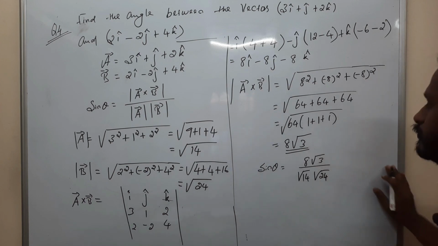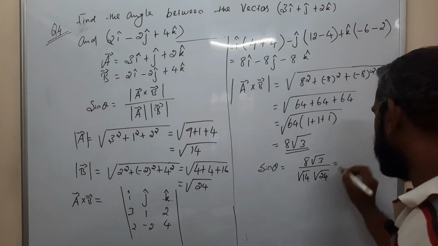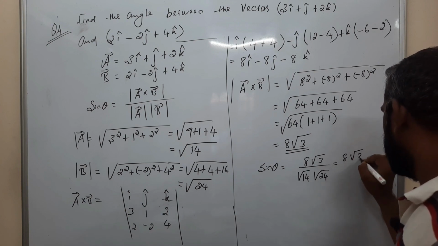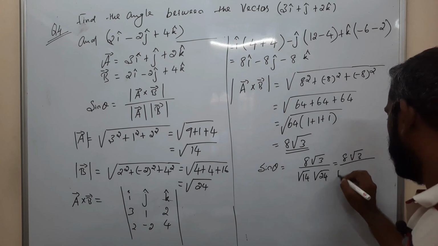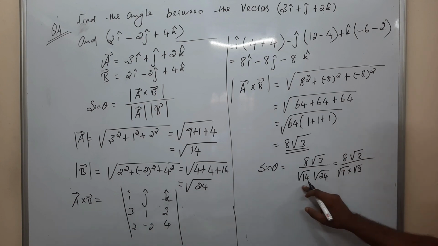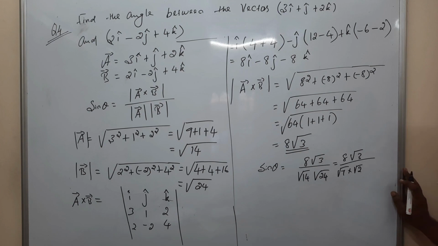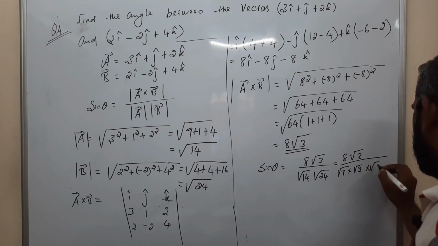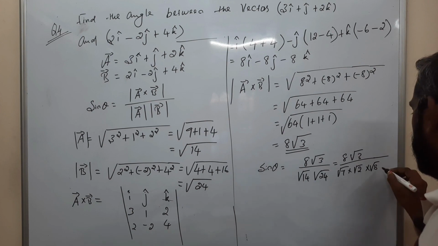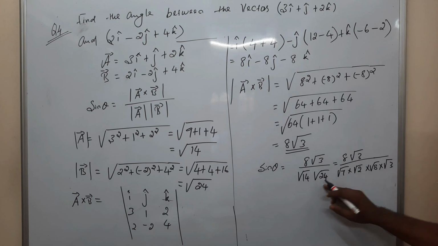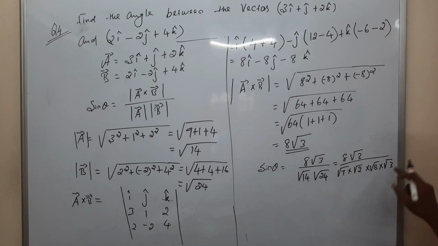So that's equal to 8 root 3 divided by root 7 into root 2. I am writing that root 14 is root 7 into root 2, and root 24 is root 8 into root 3.